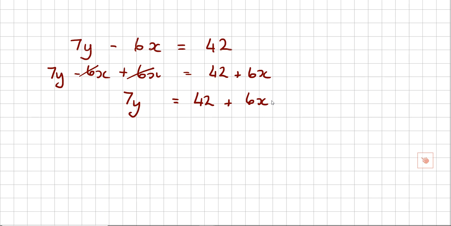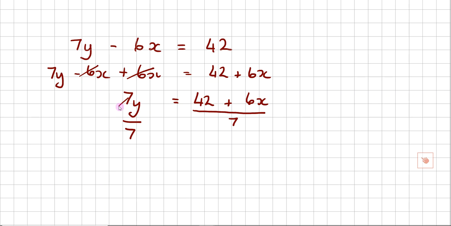Okay? Okay. The next step is I've got too many y's. I've got 7 of them and I only want 1. So we have to divide by 7. Okay? So I divide this side by 7.